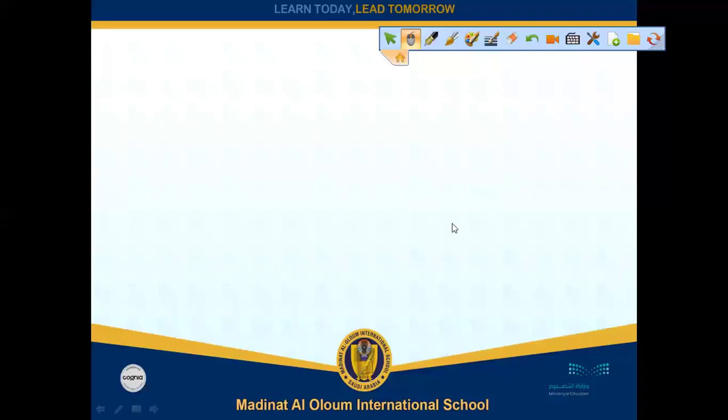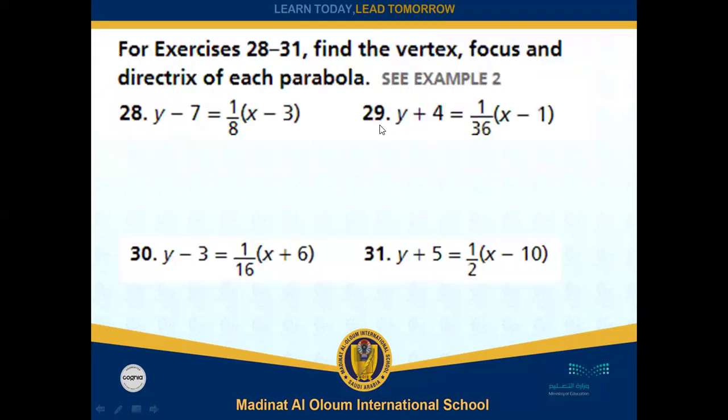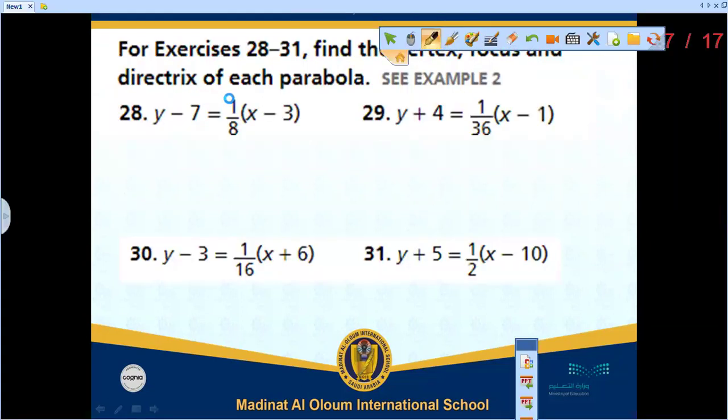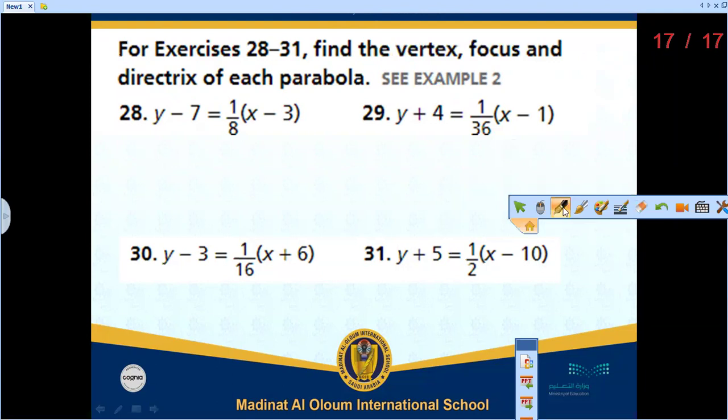Let us see, guys, what we have in your book. Okay, this one is transformed, if it moves left, right, up, down. Now, how can we get the vertex? Look at this one, guys. Vertex, focus, directrix, concentrate. My vertex: change x and y.